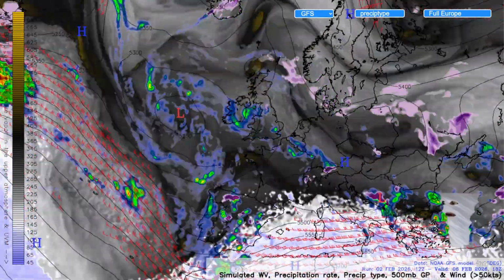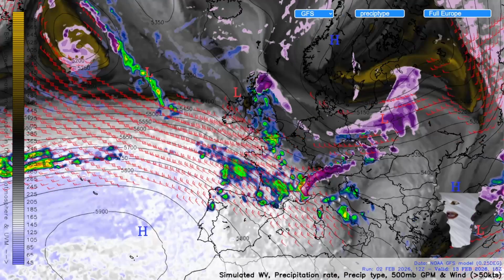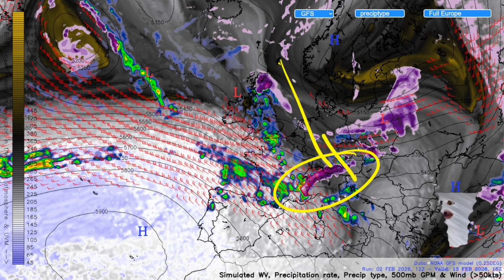Go forward in time, you see these frontal zones crashing the European mainland, while most of the snow signals are precluded over the Alps and along the boundary here where the temperatures are coldest towards the east and the northeast.